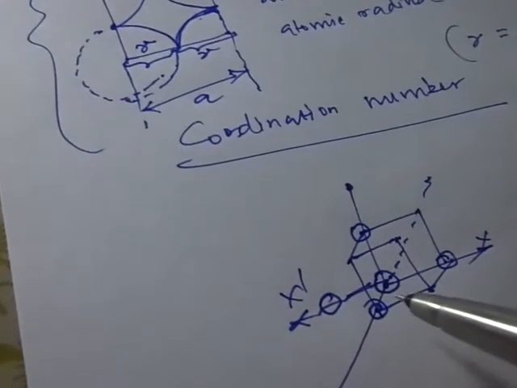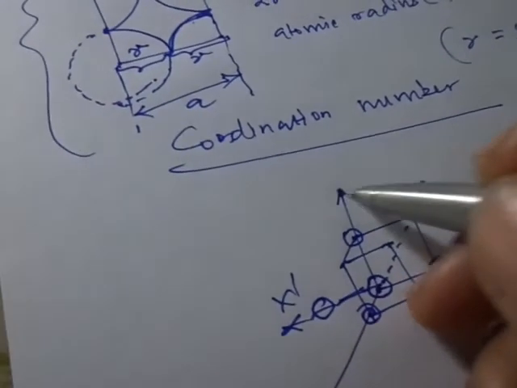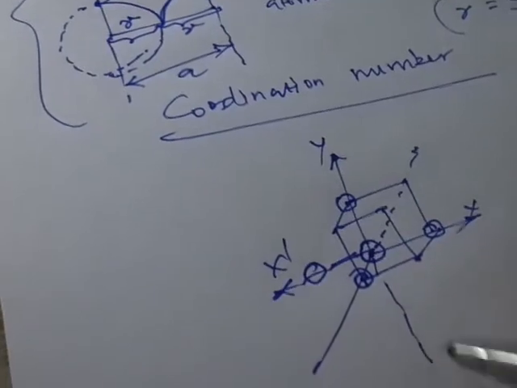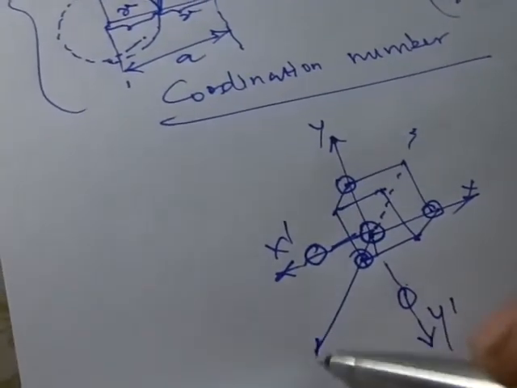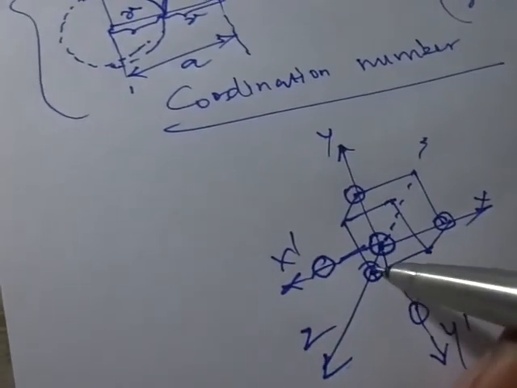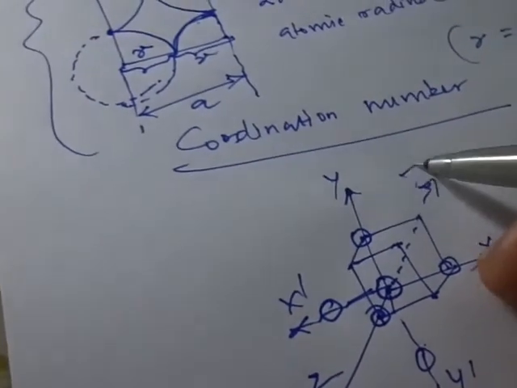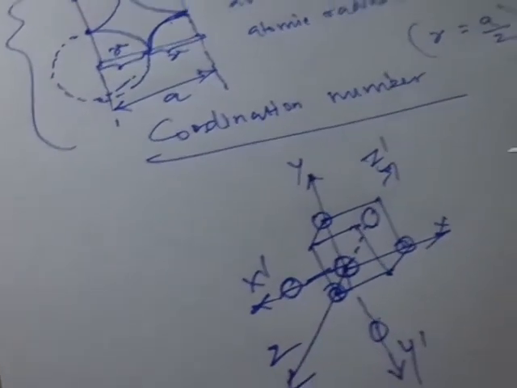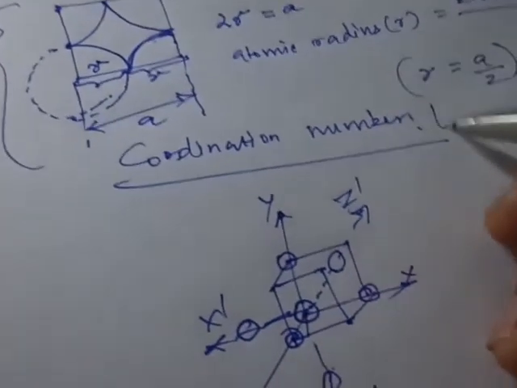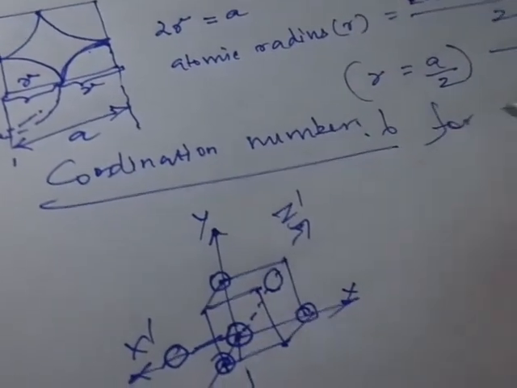So here there is a neighbor. So it is y-axis. In y dash there is a neighbor, and here it is z-axis. Here there is a neighbor in z-axis. In z dash there is a neighbor inside. So totally coordination number is 6 for simple cubic.